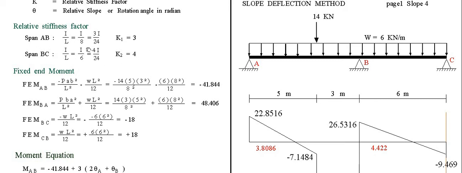The first one, relative stiffness factor K. Now for span AB, relative stiffness factor is I over L, moment of inertia over the span. For AB, the span is 8, so I over 8. For BC, the span is 6, I over L, or I over 6.